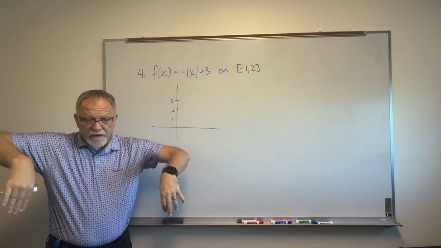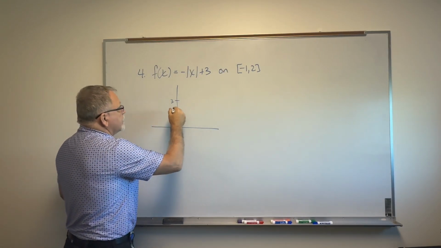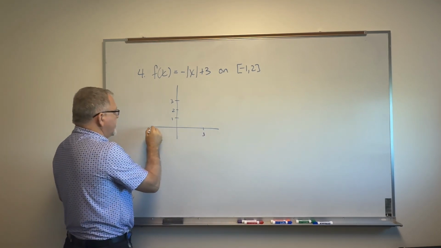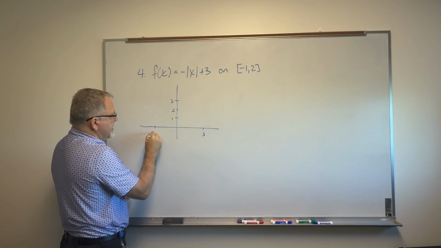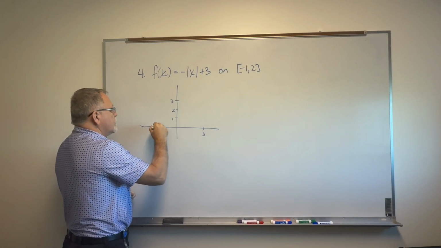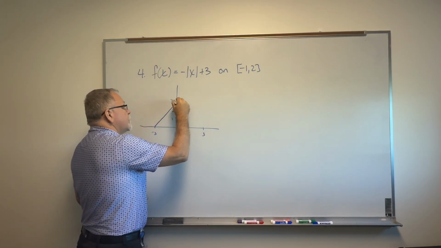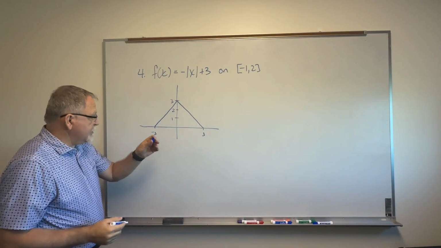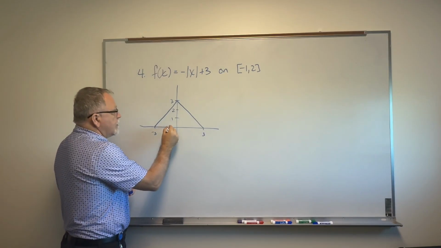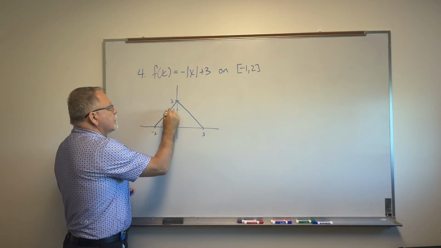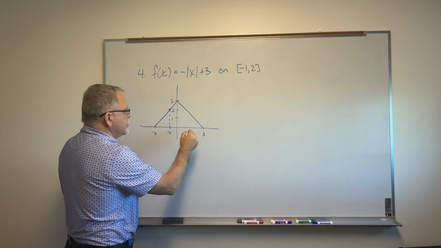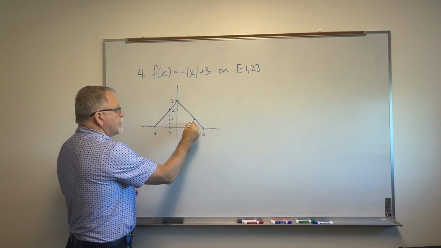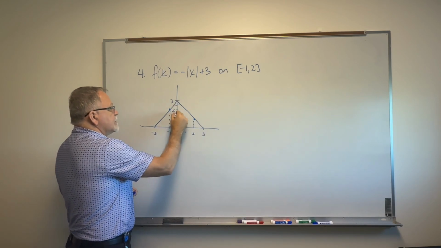It's going to be this inverted V. Call that 3 out there, and -3 back here. I'm only interested in what's going on between -1 and 2. There's 1, there's 2. So I'm looking at this region in here.